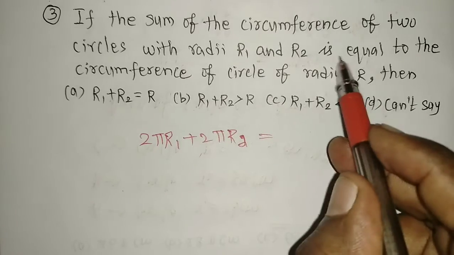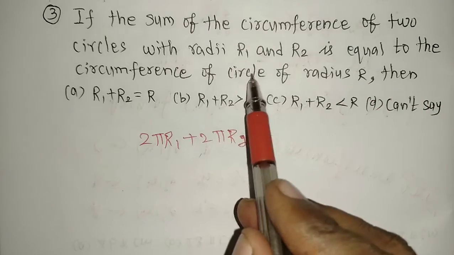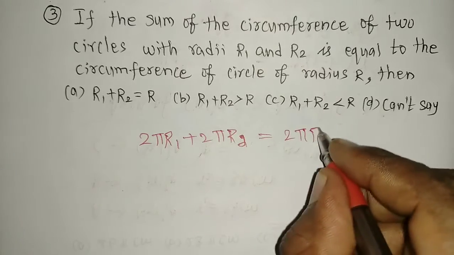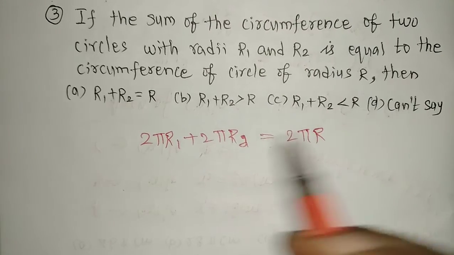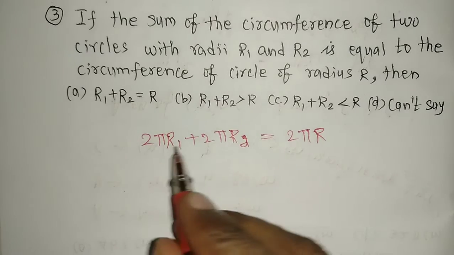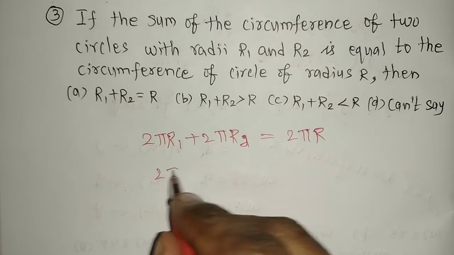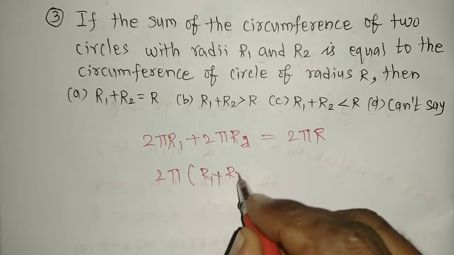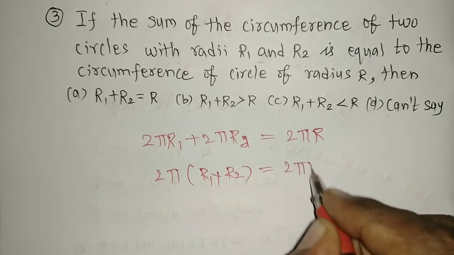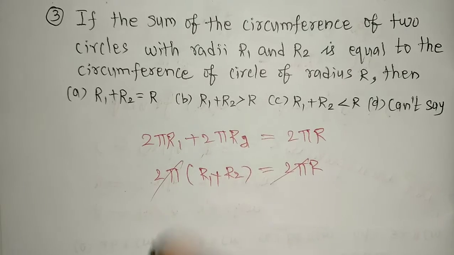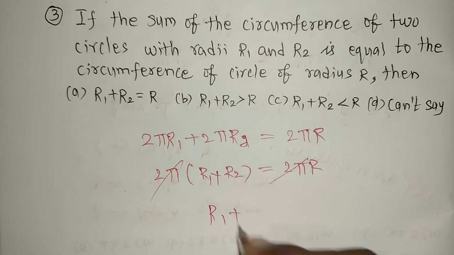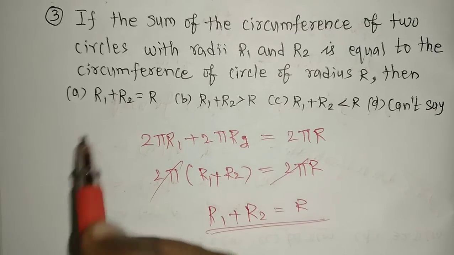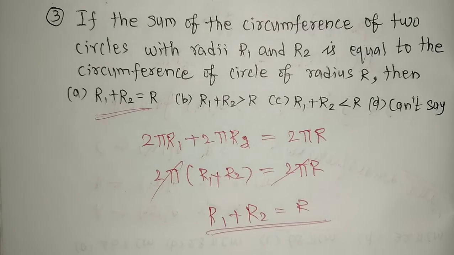It is equal to the circumference of the circle with radius R, so 2 pi capital R. What is possible to cancel? You can cancel 2 pi, I'm taking it commonly here. Then R1 plus R2 is equal to R, as 2 pi will be cancelled automatically. Remaining I have R1 plus R2 equal to R. So we have this in option A.